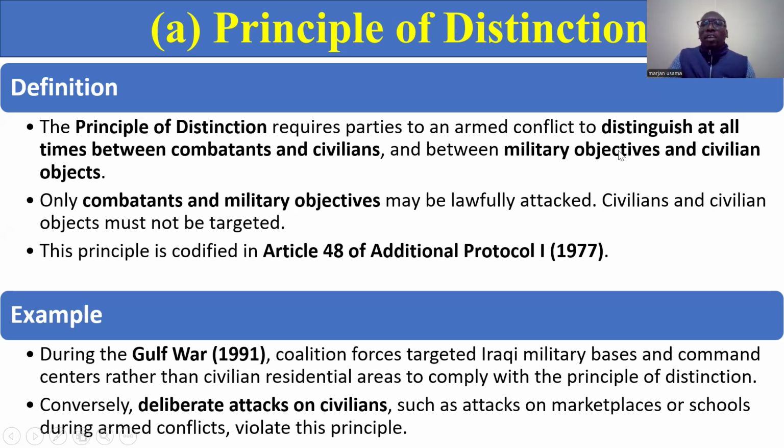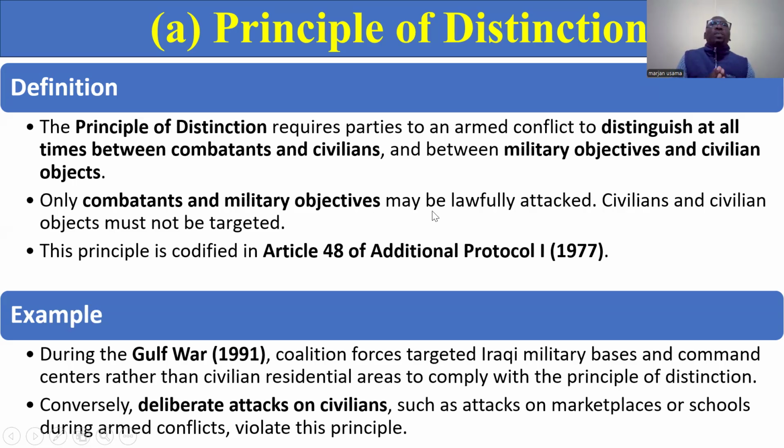and between military objectives and civilian objects. Only combatants and military objectives may be lawfully attacked. Civilians and civilian objects must not be targeted. This principle is codified in Article 48 of Additional Protocol 1, 1977.